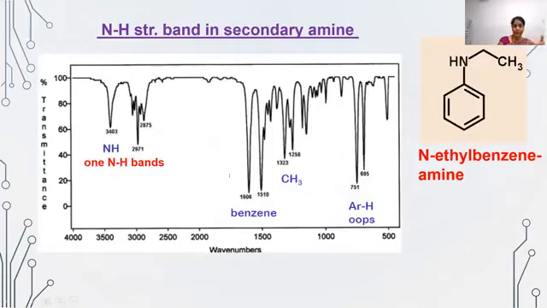This is one NH band at the same region, near about 3300. One NH band is observed at 3403 centimeter inverse. In case of NH2, two peaks or a doublet will be observed near about 3300. In case of a secondary amine, only one peak will be observed.